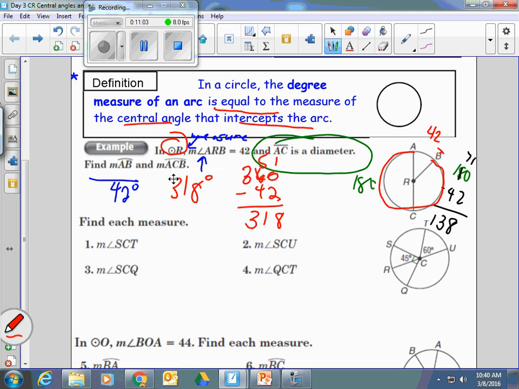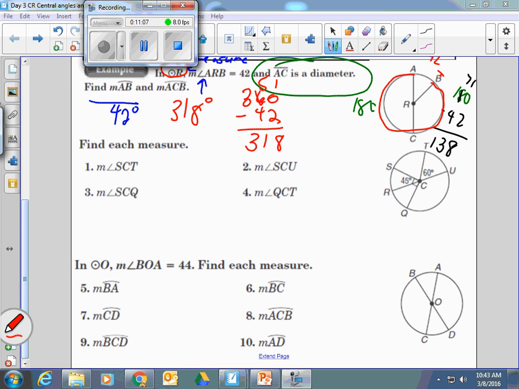Okay, I'm going to give you a second. I want you to do 1, 2, 3, and 4. All right, so it says find the measure of each. The first one they asked me for is angle SCT. How big is SCT? What did you do to find it? 75. Why? How do you know?